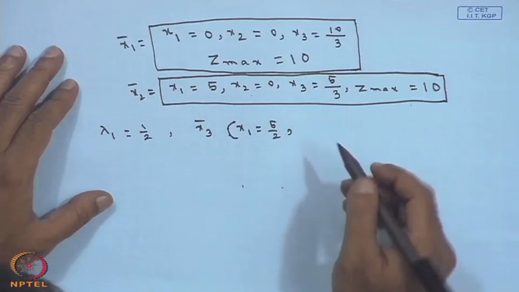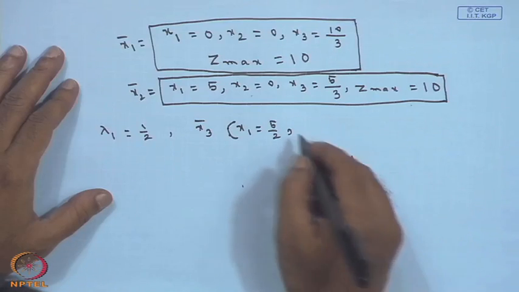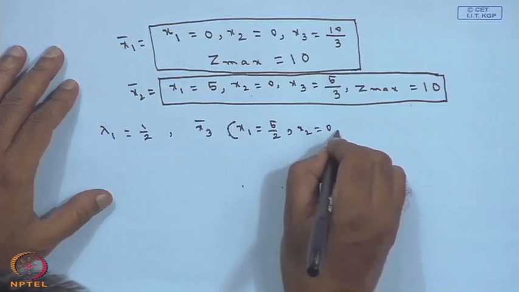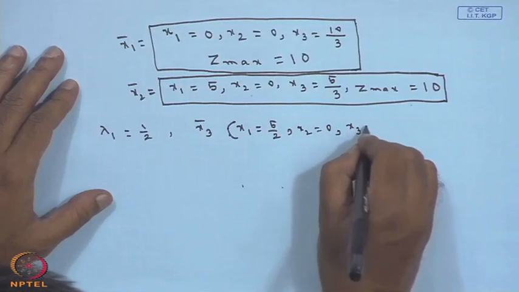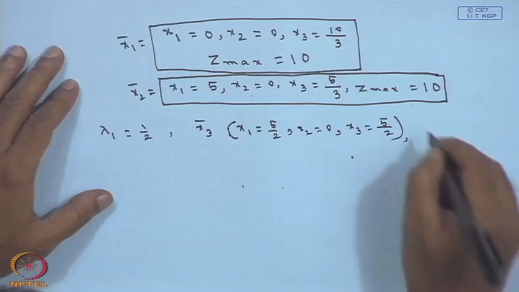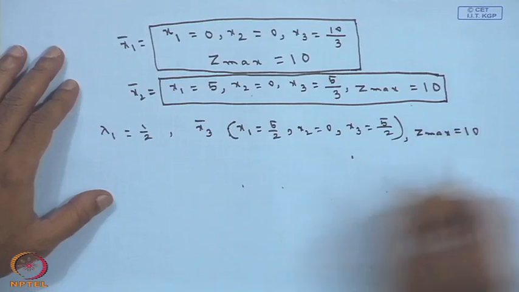Using the formula lambda 1 x 1 bar plus 1 minus lambda 1 x 2 bar, x 1 will be 5 by 2, x 2 will be 0 and x 3 will become 5 by 2. This will also be another optimal solution. If you calculate z max, the value becomes 10.